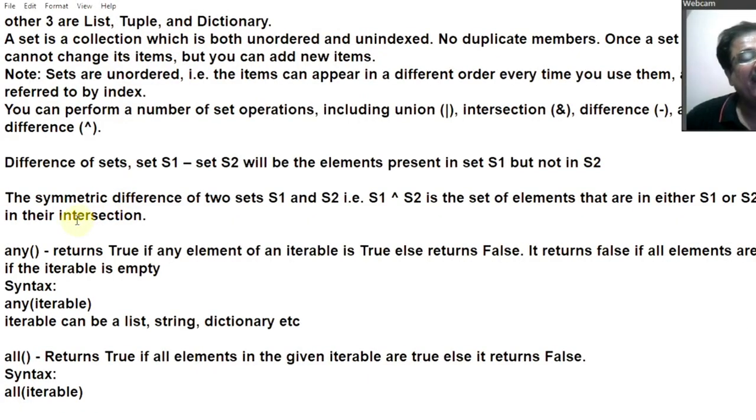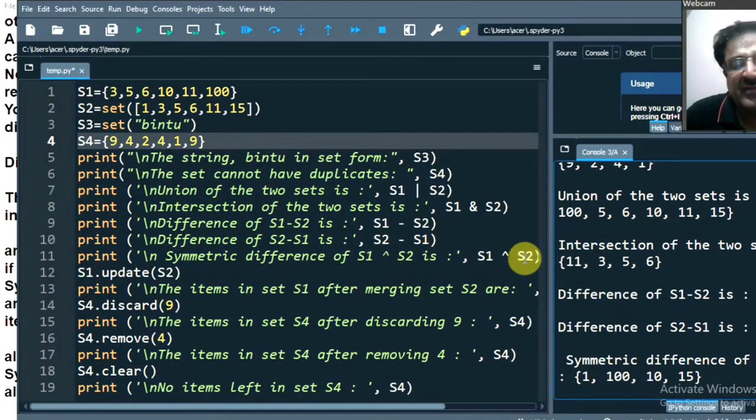See, here I have written the definition for symmetric difference. Symmetric difference of S1 and S2 is the set of elements that are in either S1 or S2 but not in both. 3 is available in both, forget it. 5, 6, it is available in both, forget it. 10 is not there in S2, so 10 is considered. 11 is there, so it is discarded. 100 is not there in S2, so 10 and 100 are considered, and also you have to try reverse also.